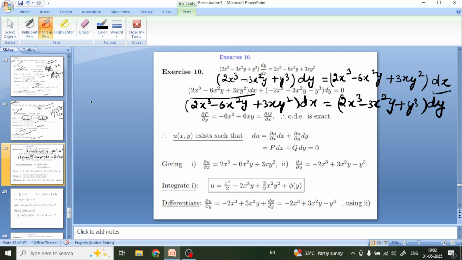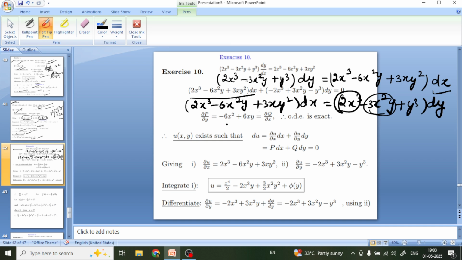Now write 2x cube minus 6x square plus 3xy square dx, and write the right-hand side value on the left-hand side by changing its sign. So we'll change plus into minus, plus into minus, minus into plus. Now when we solved this, this value is written P(x, y), and this is Q(x, y), and find its derivative.